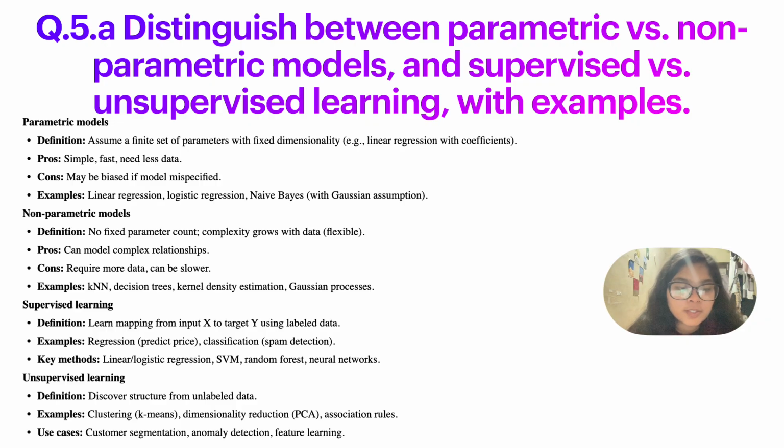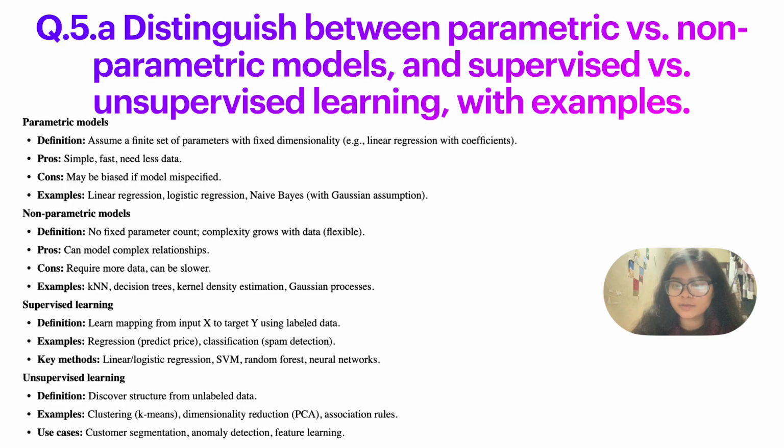For example, customer segmentation, anomaly detection, feature learning. So the first two were the kinds of model, and these two are the models that learn in a different way.